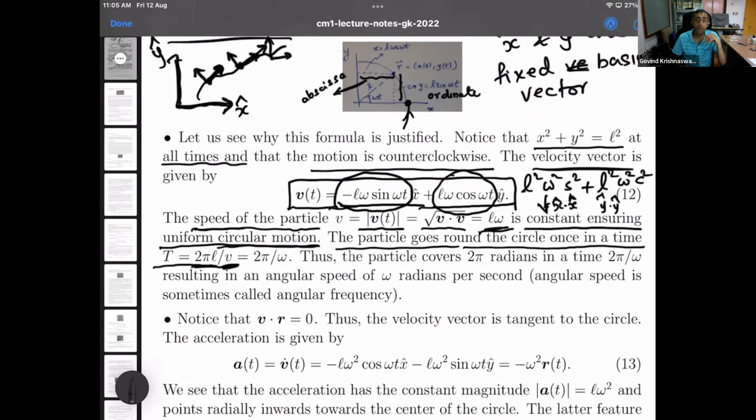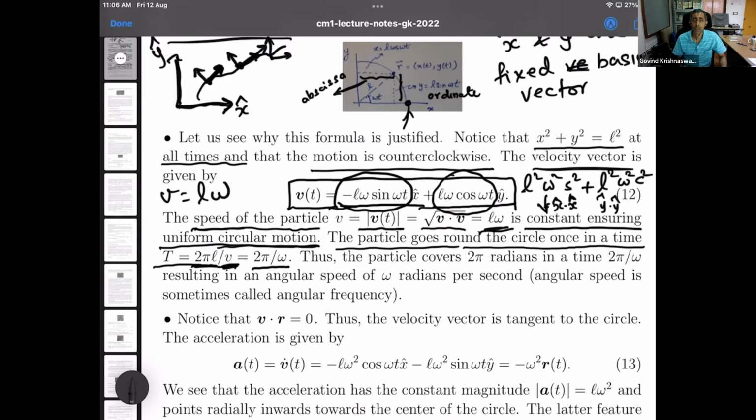I hope you will agree with me that the time taken to cover one circuit around the circle is 2 pi L upon the speed, 2 pi L upon V. Now, writing V as L omega and substituting for V over here, you will notice that the L's cancel and you get that the time taken to go around once is 2 pi upon omega.